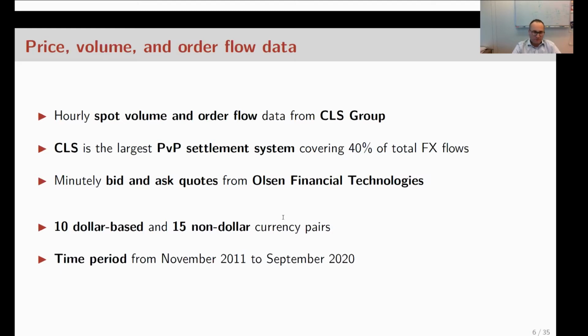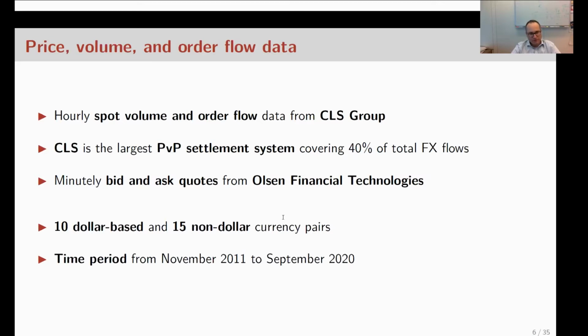So the amount of settlement risk that is reduced through CLS is very big. And what's unique about that data is that it provides us with an aggregate view on the market, which otherwise would be very difficult to achieve because of the very decentralized and fragmented nature of FX trading.